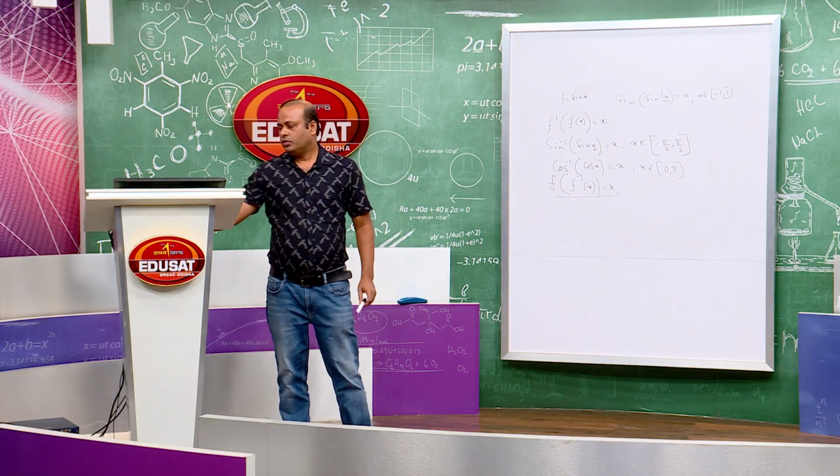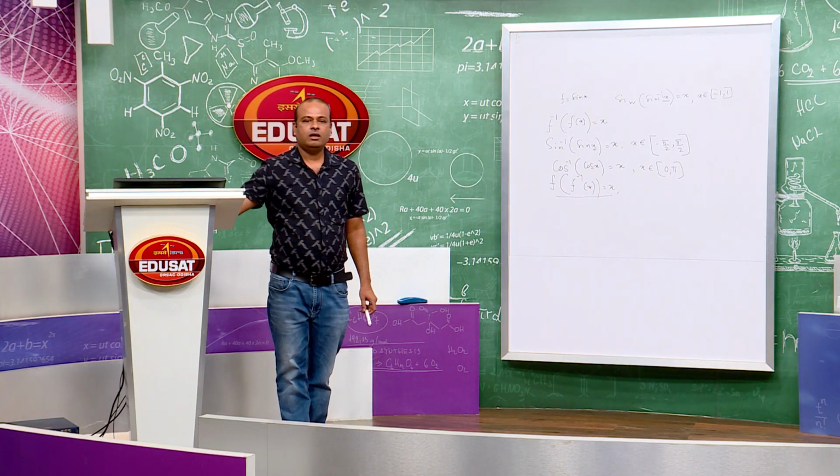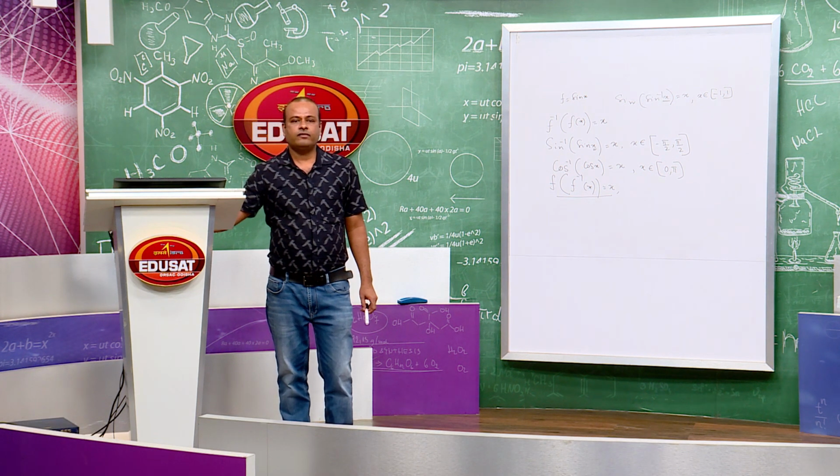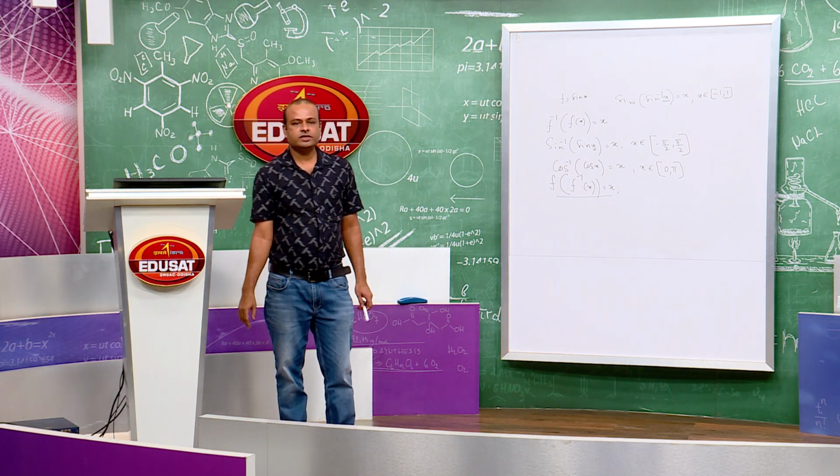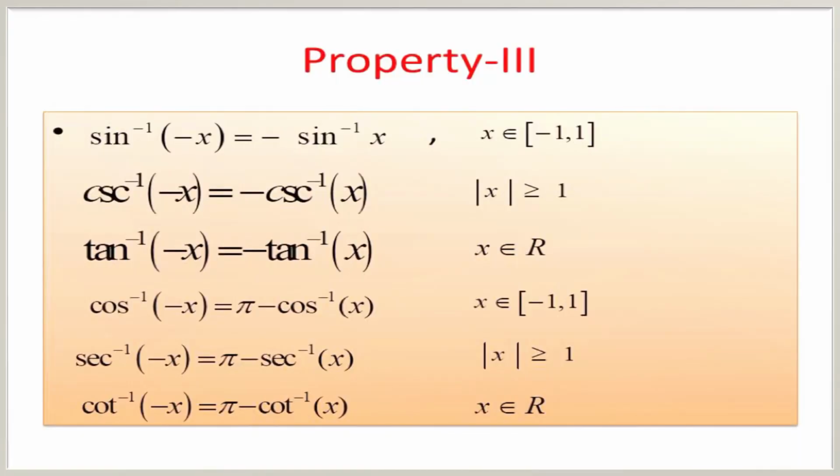So, this is another property of inverse trigonometric functions. Let us consider the third one: sin inverse of minus x is minus sin inverse x, x belongs to closed interval of minus 1 to 1. Cosec inverse of minus x is minus cosec inverse x, restriction is mod of x greater than or equal to 1.